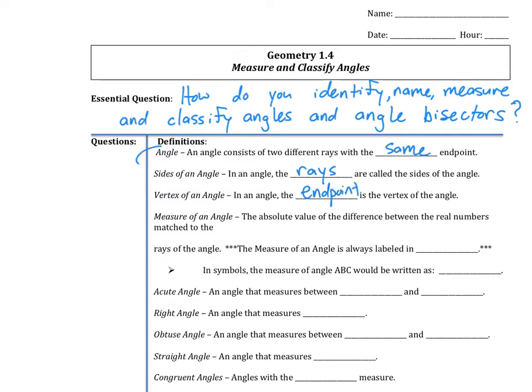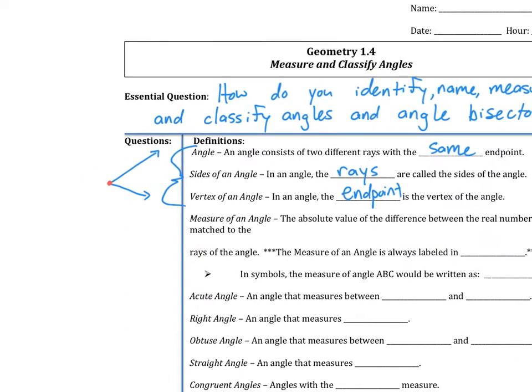So if you take a look over here, that's what an angle will look like. This is the vertex. And then each of these rays are called a side. So the vertex is that endpoint that they share.